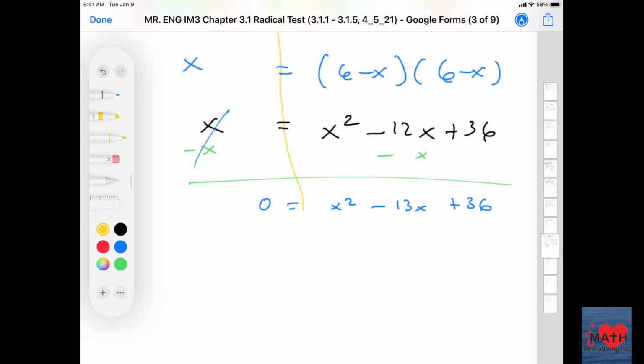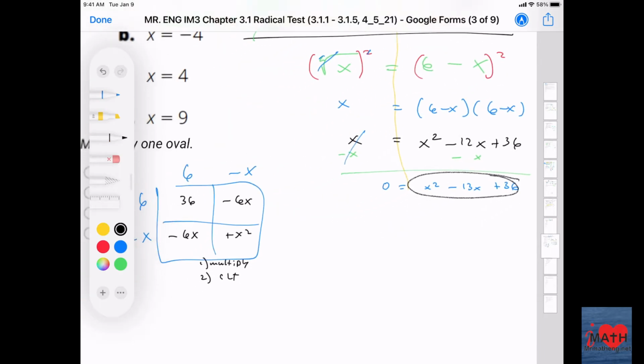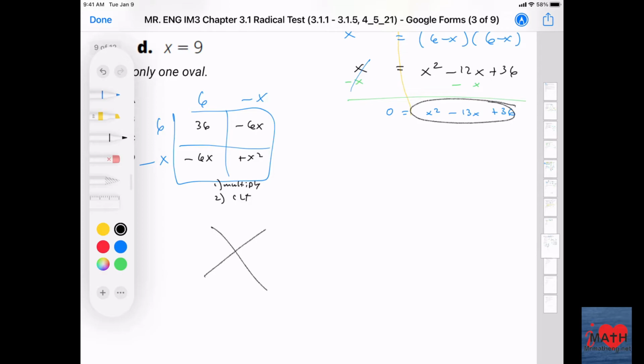I'm hoping that all of this can be factored. So let's see if we can factor that. A, B, and C. A times C is 36. B value is negative 13. What numbers multiply to be 36 but add to be negative 13? Can you locate any of those?